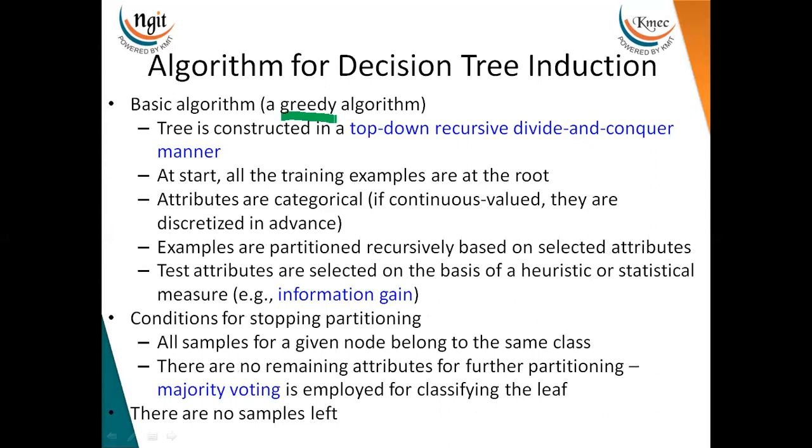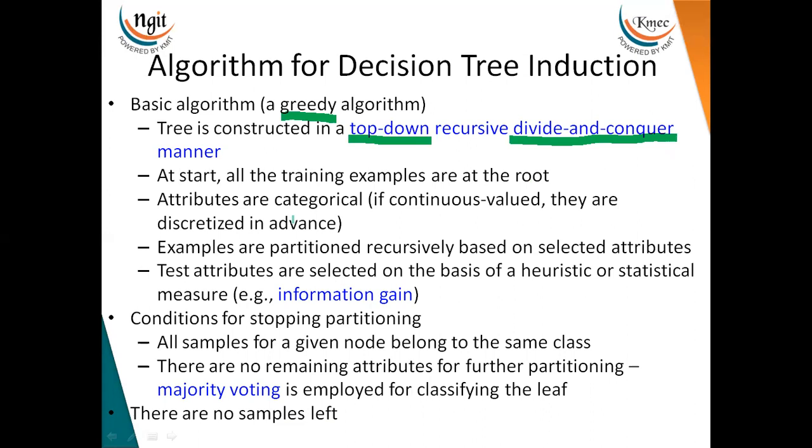Now, we develop the decision tree from top to bottom, from root node to leaf node. So that is a top down recursive approach. And as you divide your tree into subtrees and your data set into subsets, it is known as the divide and conquer method. So the decision tree applies the divide and conquer method.